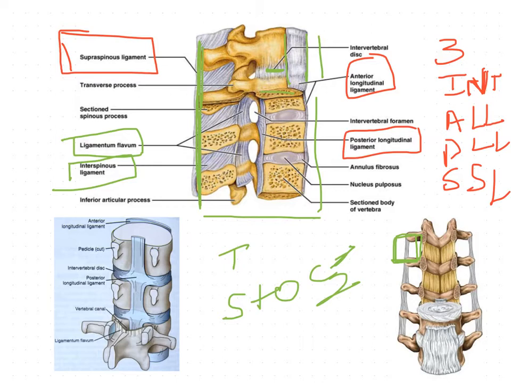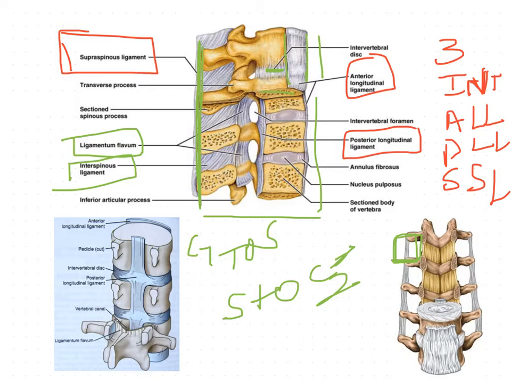This ligament runs along the tips of the spinous processes from the 7th cervical vertebra, C7, to sacrum. The fibers of the ligament become indistinct in the lumbar area, where these fibers merge into the lumbar muscles.